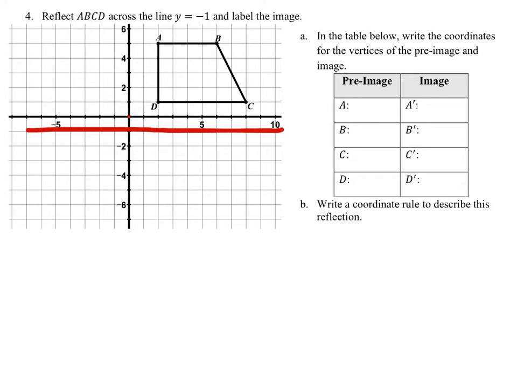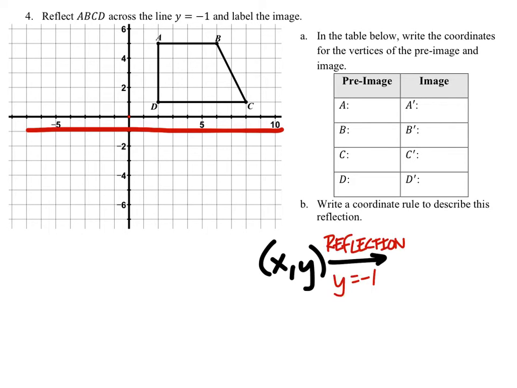Now we're going to reflect it over this y equals -1 line, and you can write down the coordinates for the preimage and image, and then also try to write a coordinate rule, right? So that also should start with some kind of xy like this. Give us an arrow. Then we know it's a reflection over y equals -1. Then we'll just fill in the values as we find them.